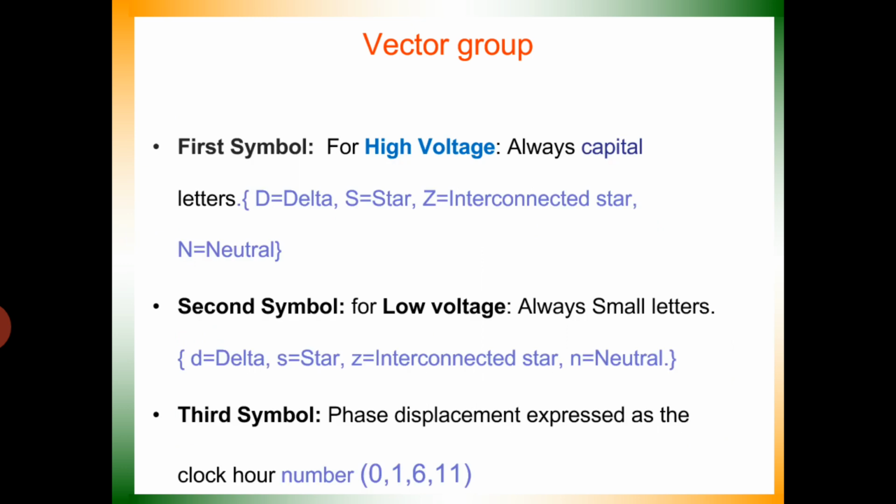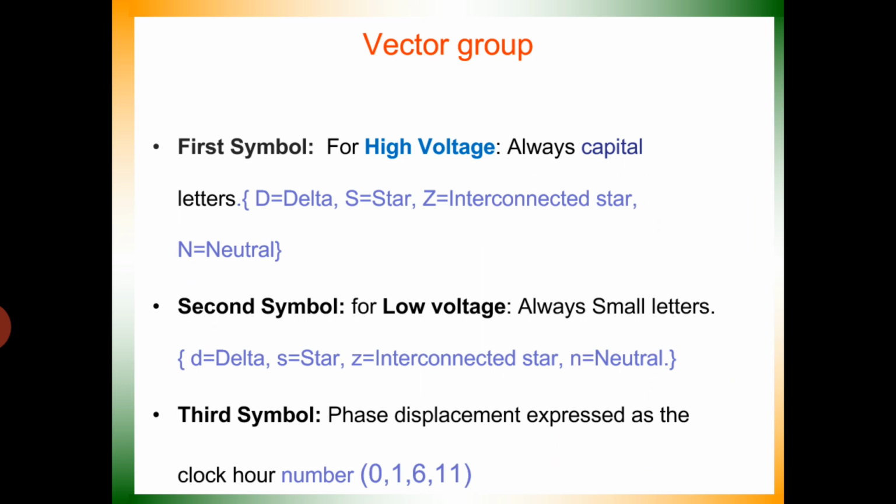So it can be discussed again. The first symbol for high voltage is always a capital letter, for example capital D for delta, capital S for star, capital Z for interconnected star, and capital N for neutral.